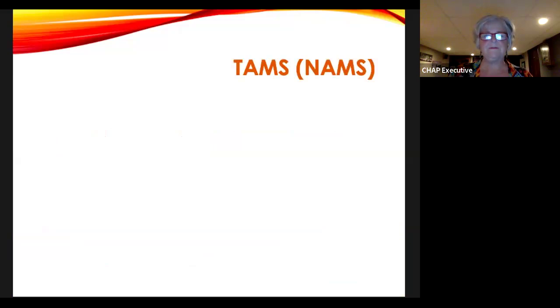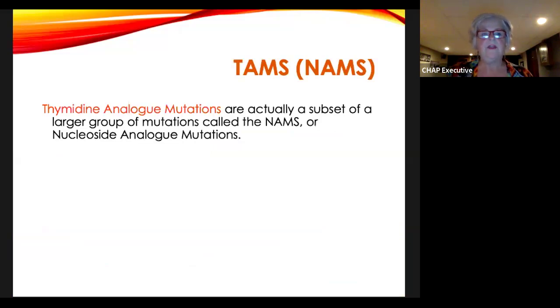So let's start with some nomenclature. TAMs, bracket NAMs. What are these? Thymidine analog mutations is what TAM stands for. And they're actually a subset of a larger group of mutations called the NAMs, or nucleoside analog mutations.